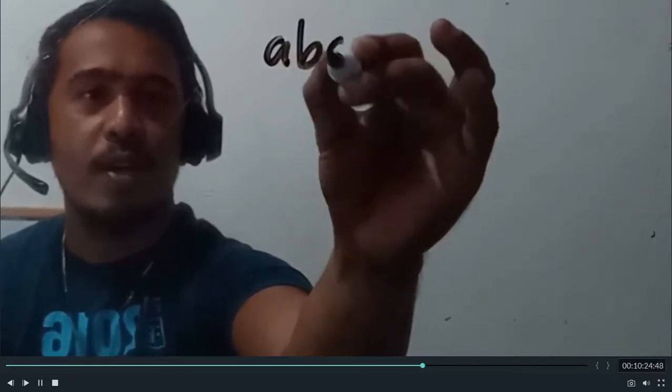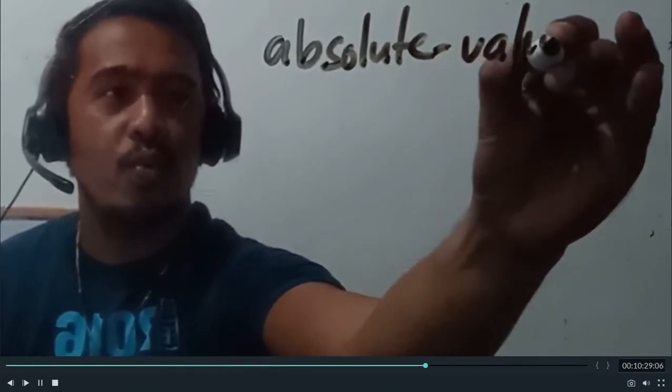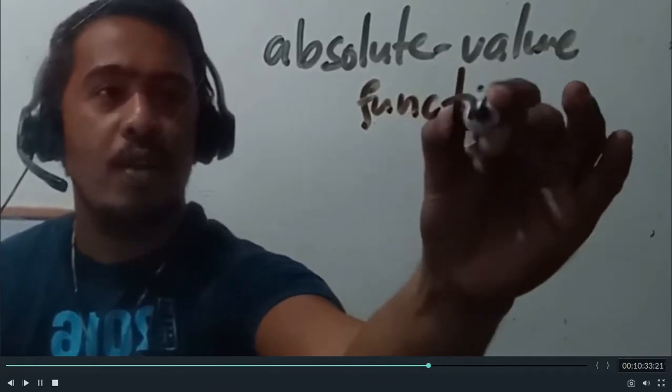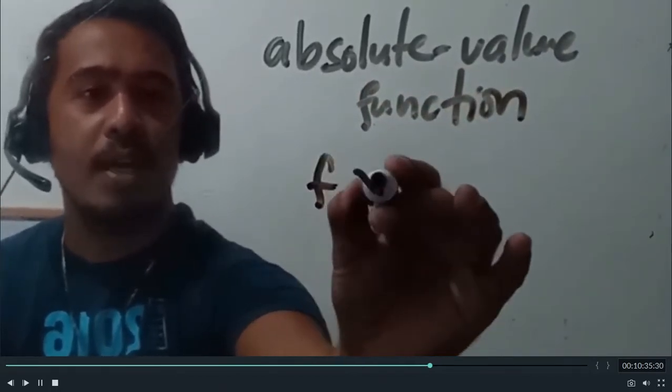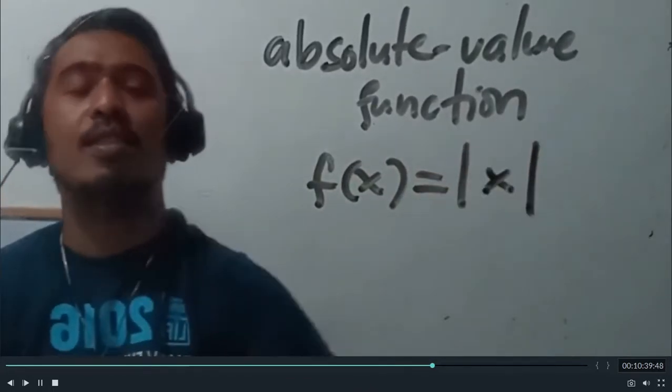The last special function that we have is the absolute value function. The absolute value function is of the form f of x equal to, of course, the absolute value of x.